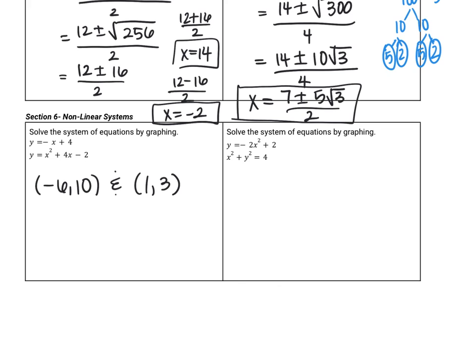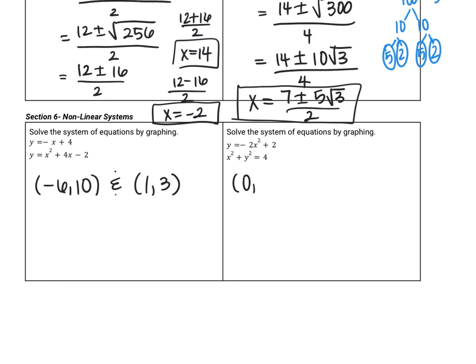Our second example, y equals negative 2x squared plus 2, and x squared plus y squared equals 4, which is a circle if you graph it in Desmos. And it actually is going to have, in this case, 3 intersection points.